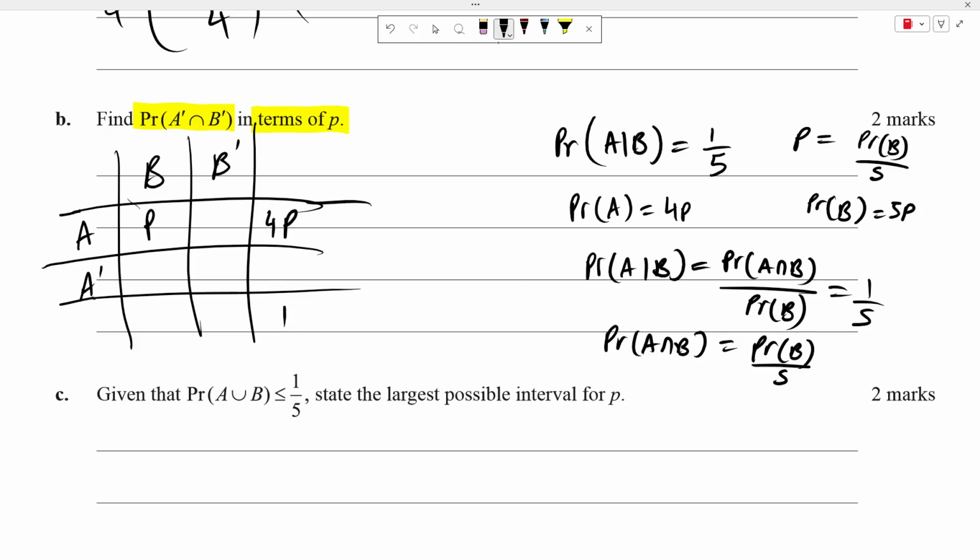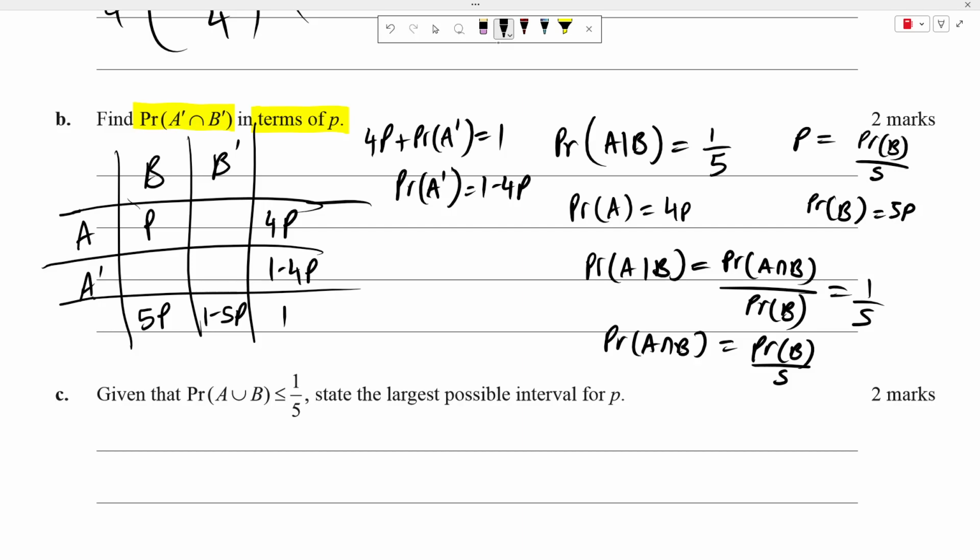So if we do 4p, which is the probability of A, plus the probability of A complement, it has to add to 1. So the probability of A complement is 1 minus 4p. So we can fill this in. The next thing we know is that the probability of B is 5p. Using similar logic, this is going to be 1 minus 5p.